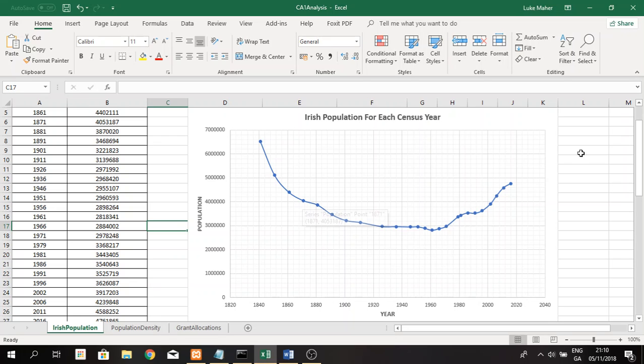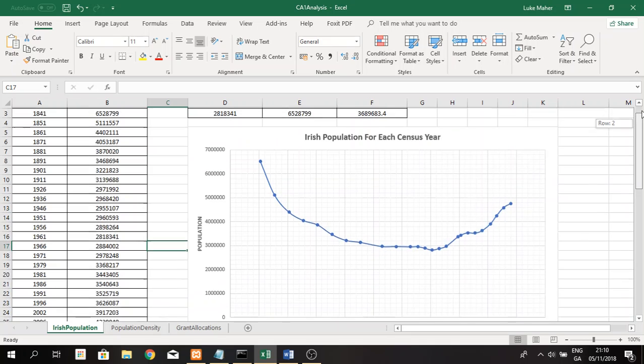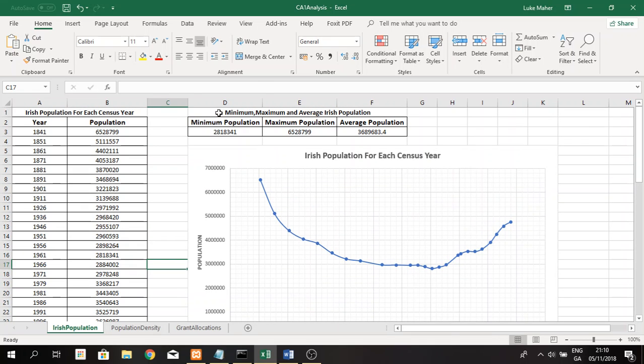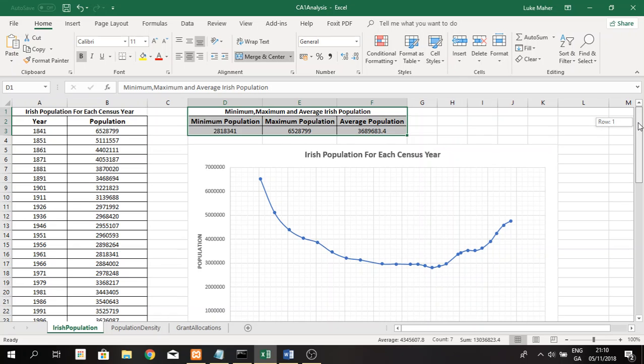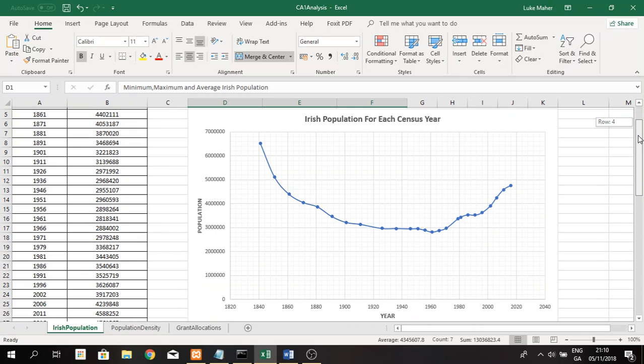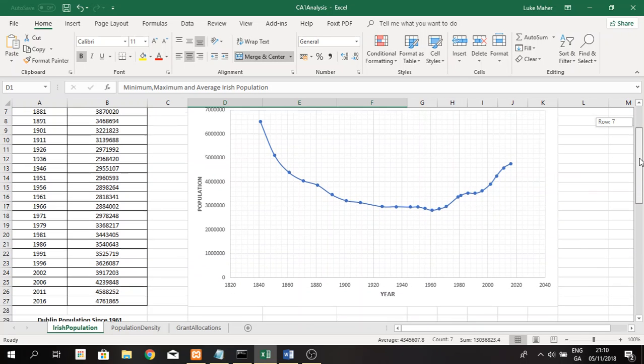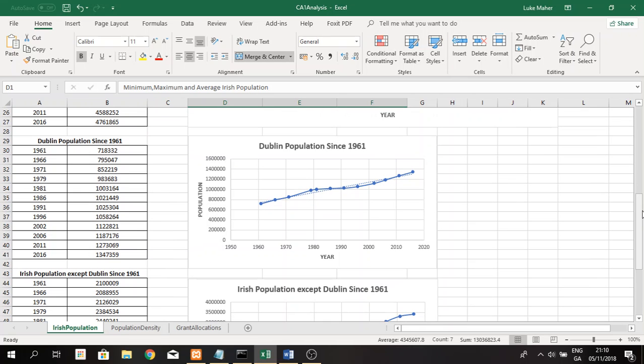So after that, I was asked to do this bit here at the top, where I found the minimum population, the maximum population, and the average Irish population. And then I was asked to find the population of Dublin since 1961.